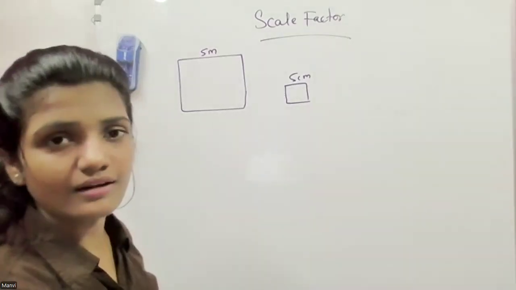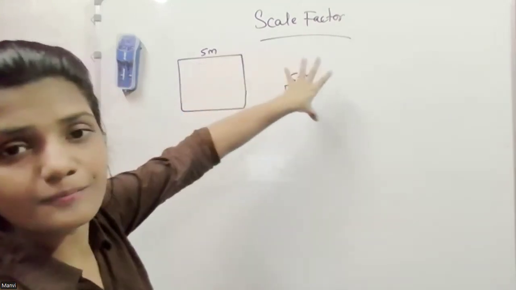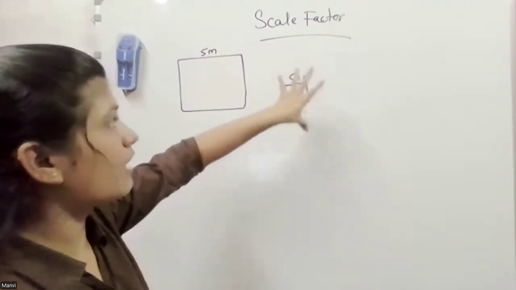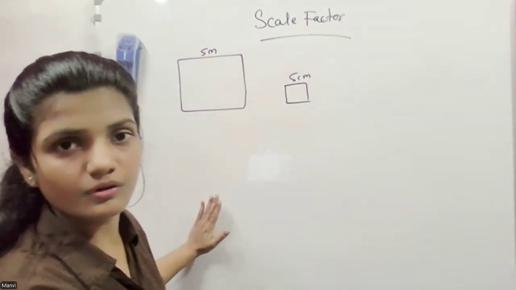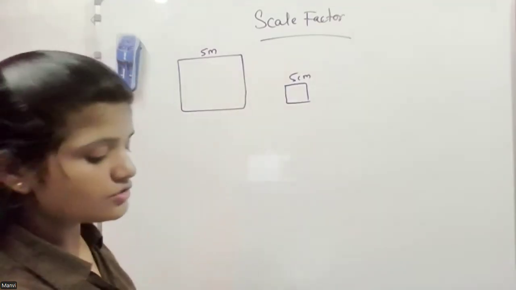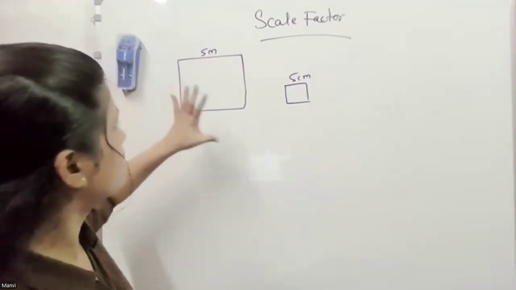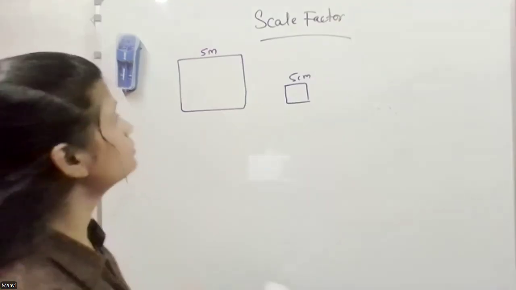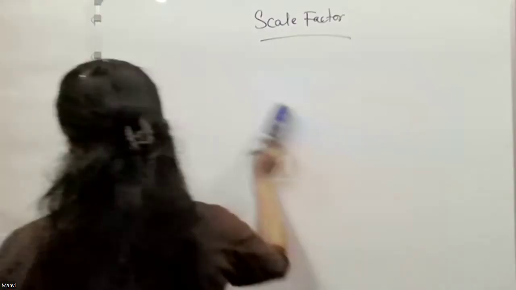So this is the real box, and this is the map, like how we are drawing this on the map. We use scale just to denote anything on the map. This helps us to draw anything on the map. That's why we are using scaling.